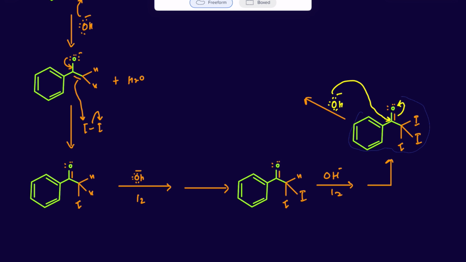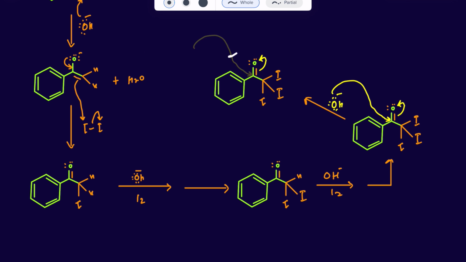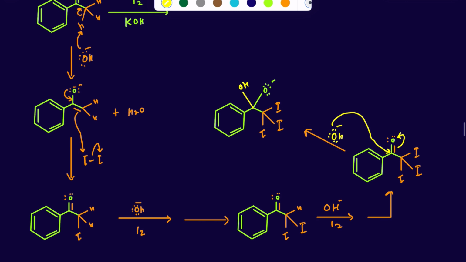So the pi bond is broken. You make this tetrahedral intermediate here. So let me go ahead and redraw that. So I got the O minus here, and I got this tetrahedral intermediate with an OH here momentarily.